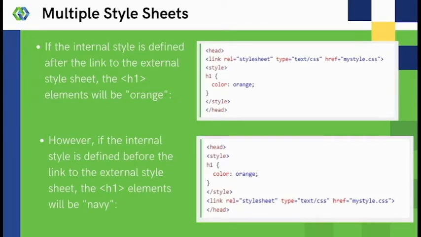If the internal style is defined after the link to the external style sheet, the H1 elements will be orange. So you can use multiple style sheets, in this case the external and then your internal.